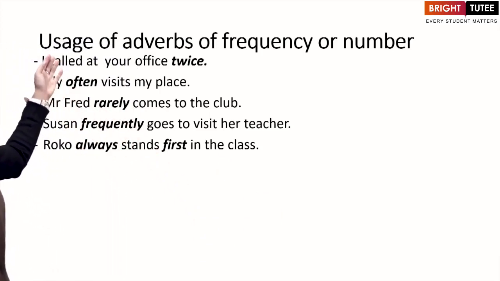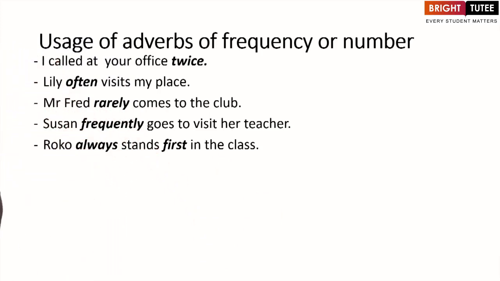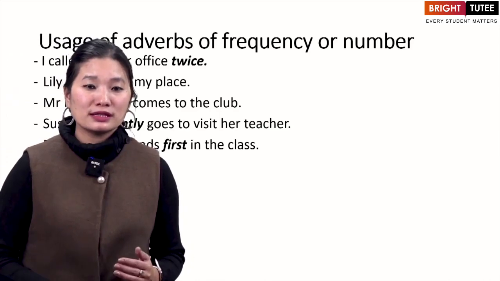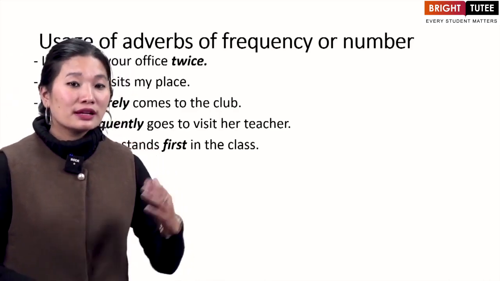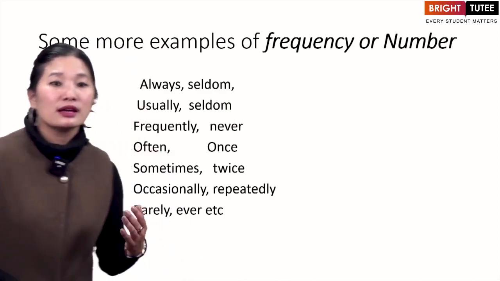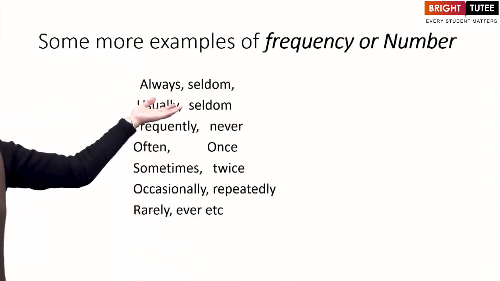Let us just have a quick look at the examples once more. I called at your office twice. Lily often visits my place. Mr. Fred rarely comes to the club. Suzanne frequently goes to visit her teacher. Rocco always stands first in the class. These are the usage of some adverbs of frequency or number that you can use. I will also show you some more examples of frequency or number.